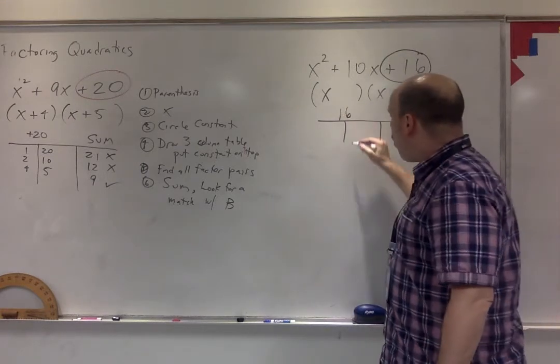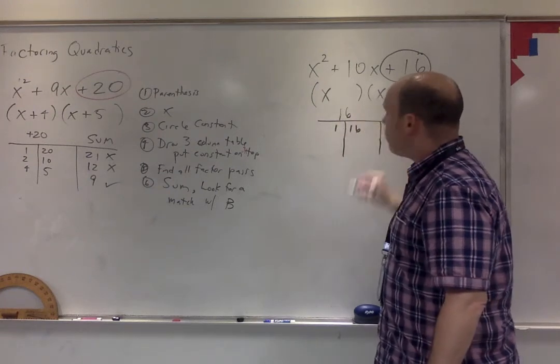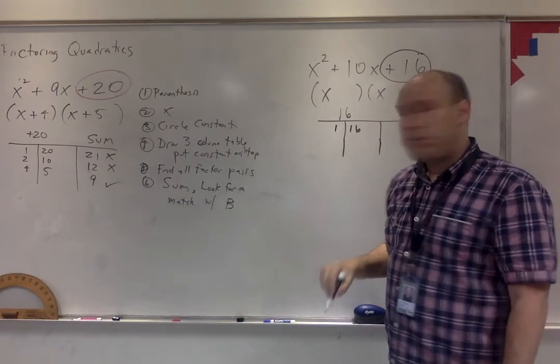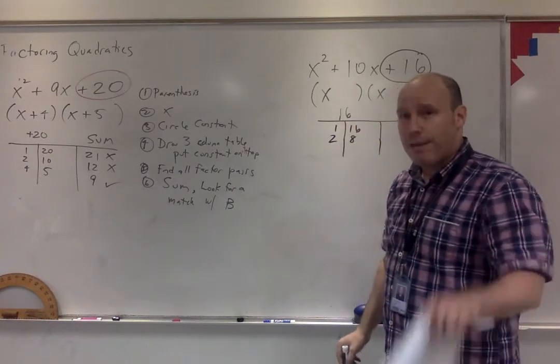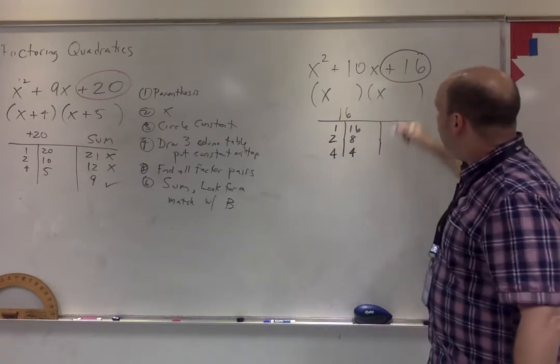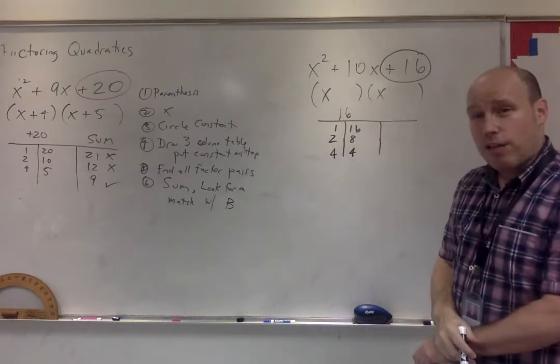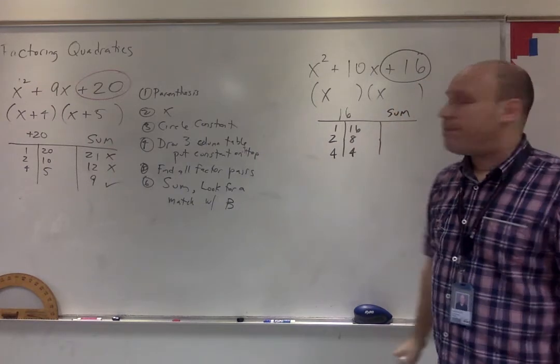What are all the factor pairs of 16? Well, there's 1 and 16. What do you think? 2 and 8. Anything else? Yeah, there's one more, 4 and 4. Now, what goes in the last column? The sum. And we're going to look for a match.